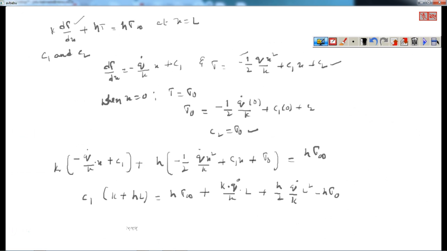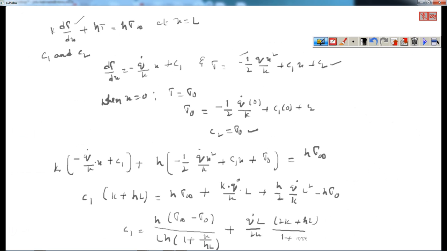And similarly C1 is equal to h into T infinity minus T0, divided by h into 1 plus k by hL into L, plus q dot L by 2k into 2k plus hL, divided by 1 plus k by hL into hL.